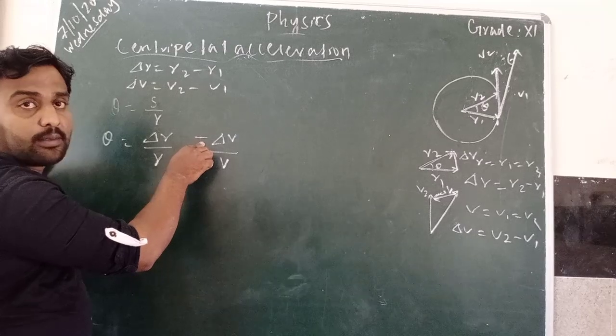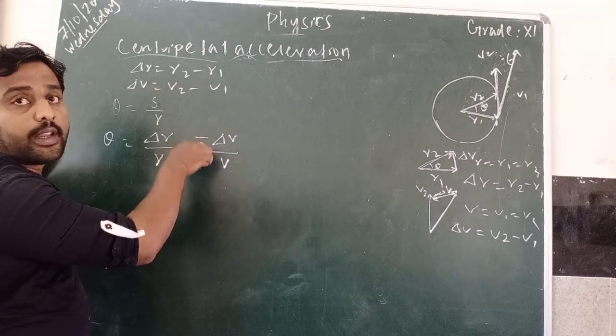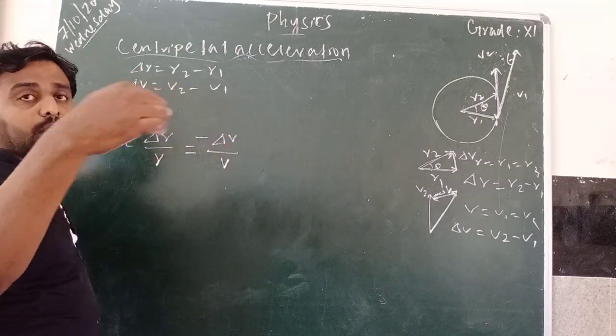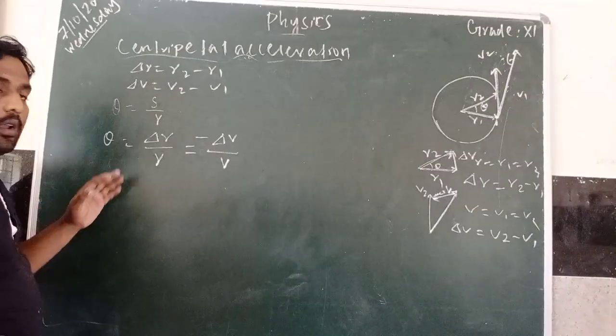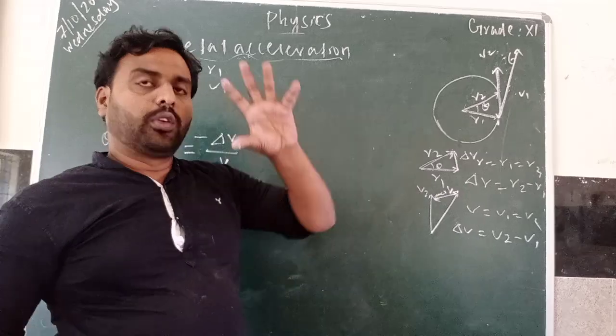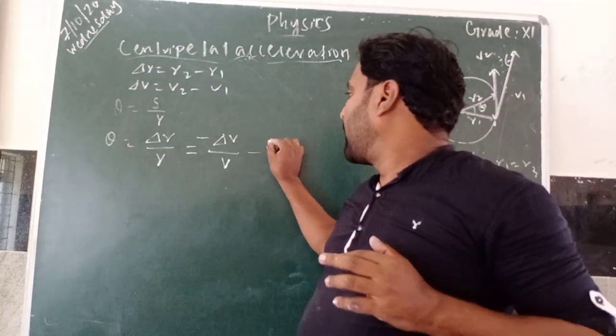What does this minus symbol indicate? Velocity in the inverted, opposite direction, so we are using a negative sign.